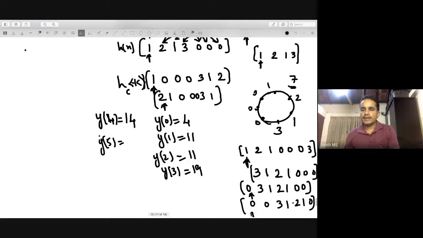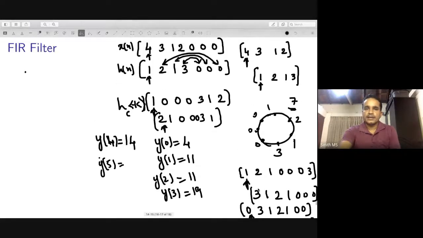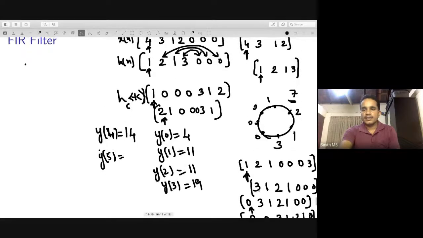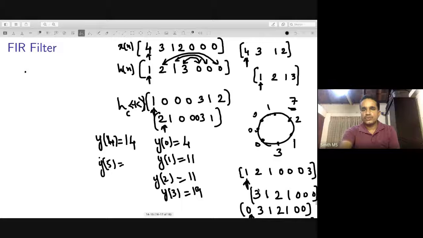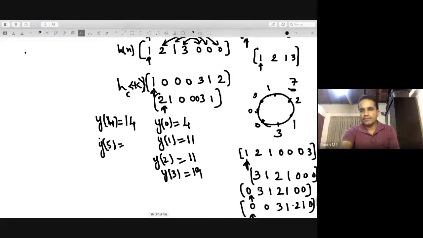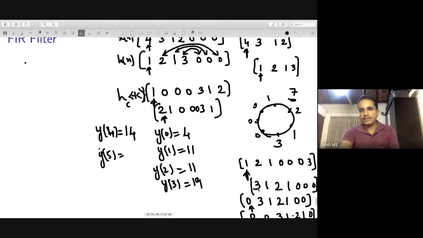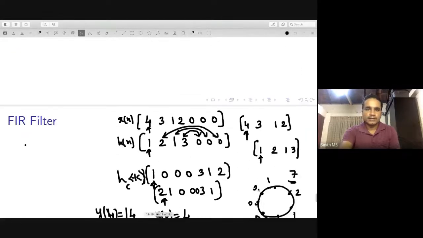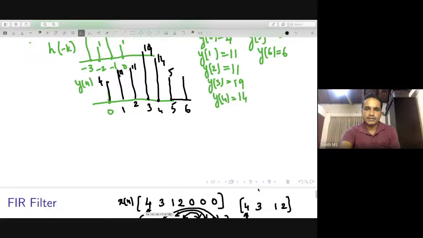If you multiply, these two are zeros. When you multiply, 3 is multiplied with 1. So 3 plus 1 is 4, 4 plus 4 is 8. Again, all others are 0. So you get, is it 5 or 8?